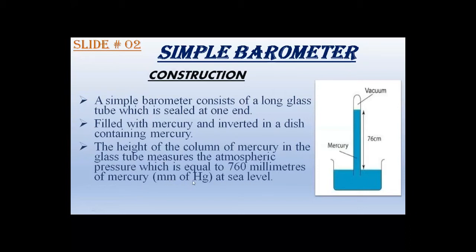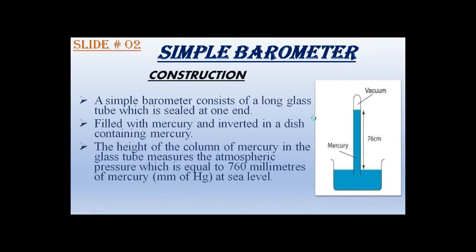Actually, mm of Hg is the unit for atmospheric pressure. mm means millimeter, and Hg is the symbol for mercury. This height of the mercury column is able to measure the atmospheric pressure, and by the help of it we can measure the air pressure.